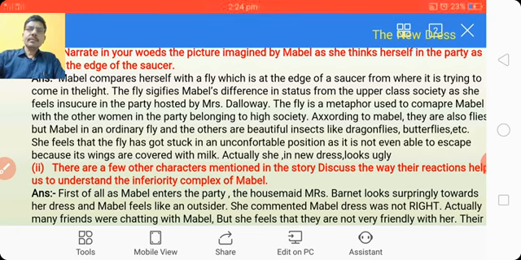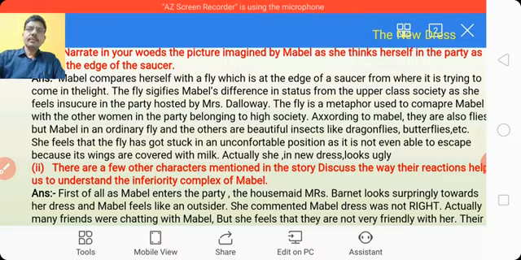According to Mabel, they are also flies, but Mabel is an ordinary fly and the others are beautiful insects like dragonflies, butterflies, etc. She feels that the fly has got stuck in an uncomfortable position as it is not even able to escape because its wings are covered with milk. Actually, she looks ugly in the new dress.